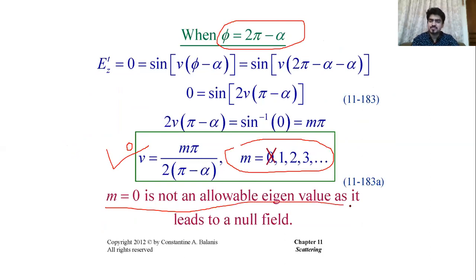As we have seen even in the previous structures, we always try to find the values for which you get a non-trivial solution. If you take m equals 0, it will give you a null field, so it is not useful. So m cannot be equal to 0. m starts with 1, and then 2, 3, and so on.